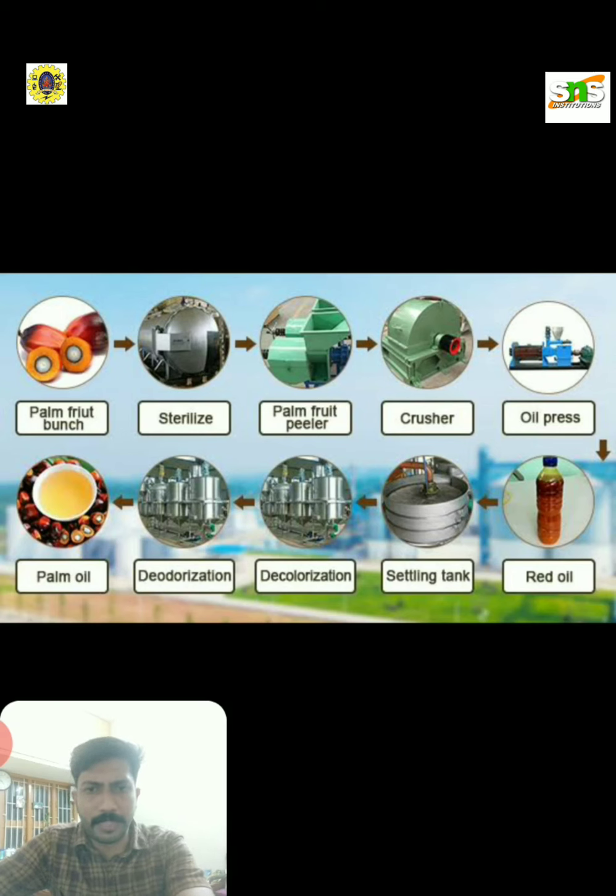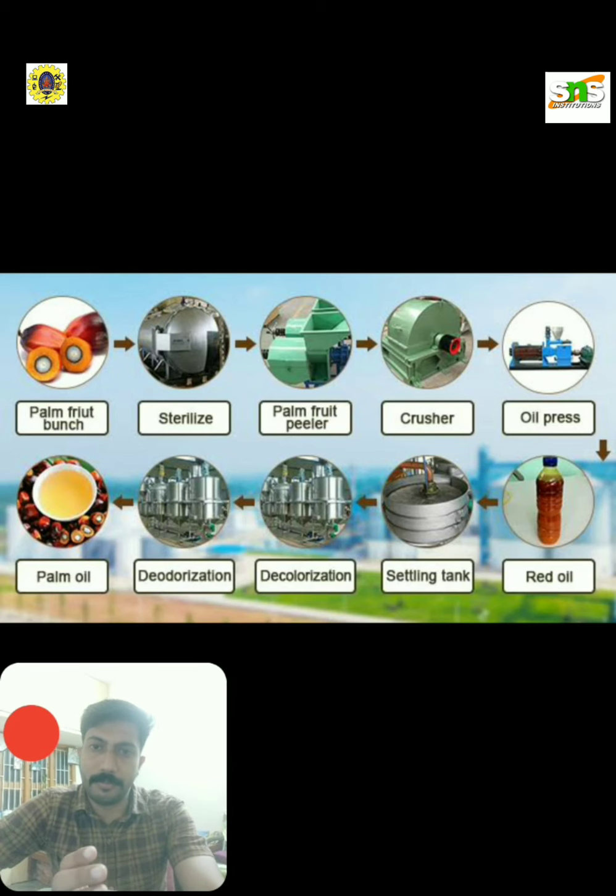The mesocarp, the outer layer, will be peeled off, then it is applied to a crusher and then to an oil press. We will be obtaining a red oil, and this red oil will go to a settling tank, where decolorization and deodorization take place. These two processes remove the odor as well as the dark color of the oil, and after that we get the palm oil.